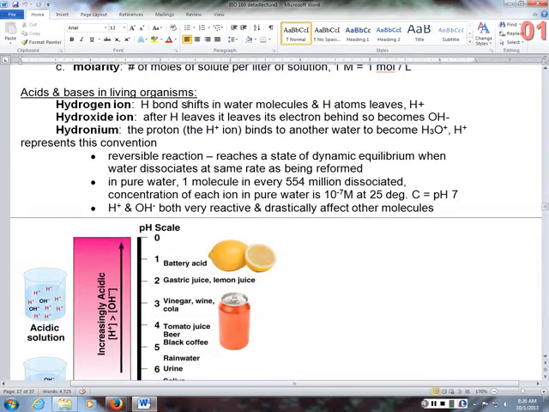The hydrogen ion is going to shift the water. What happens is there's a shift in the water molecules and one of the hydrogen atoms leaves and it doesn't take its electrons with it, so it's going to be positively charged, and that's your hydrogen ion.